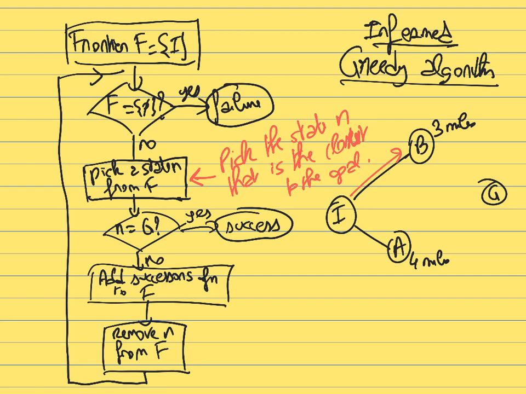In this case, 3 miles corresponds to the flight distance: if you were able to fly directly from state B to state G, it would take just 3 miles. And if you were able to fly from state A to state G, it would take 4 miles.